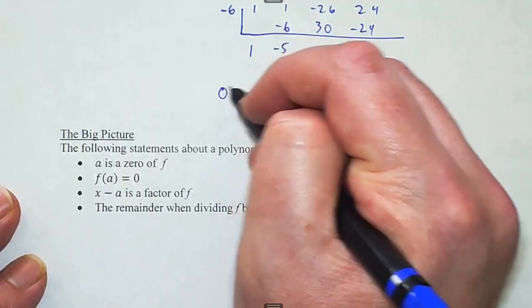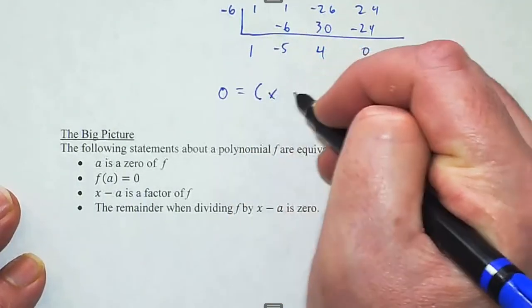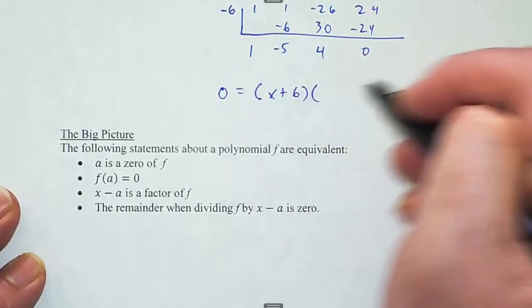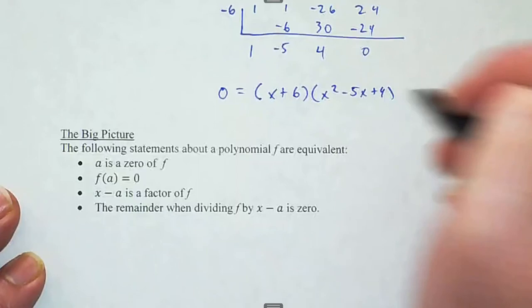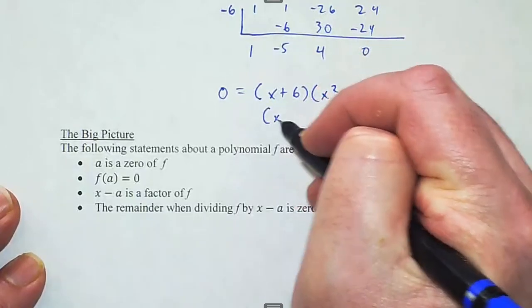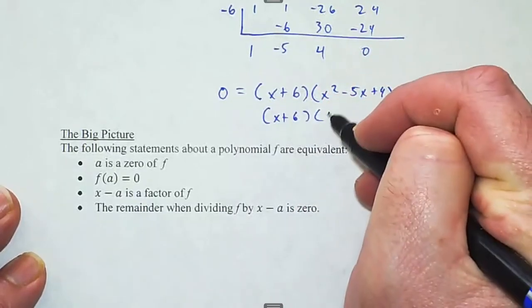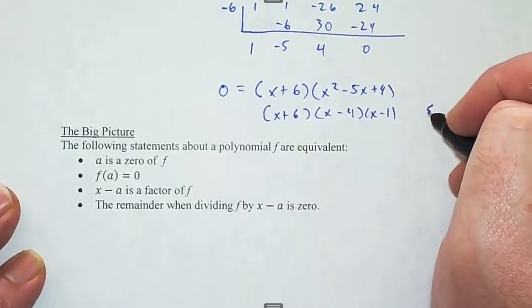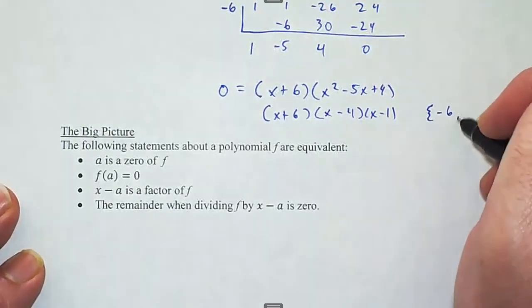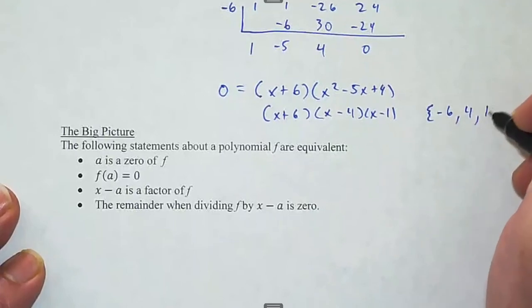And so we can see that we could factor f of x as x plus 6 times x squared minus 5x plus 4, which can be factored further as x minus 4, x minus 1. So our zeros are negative 6, positive 4, and positive 1.